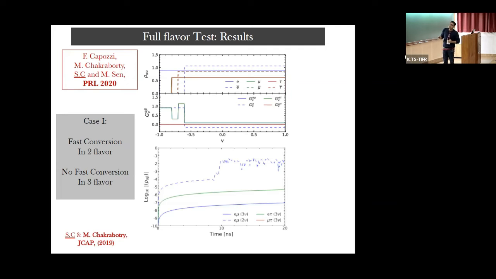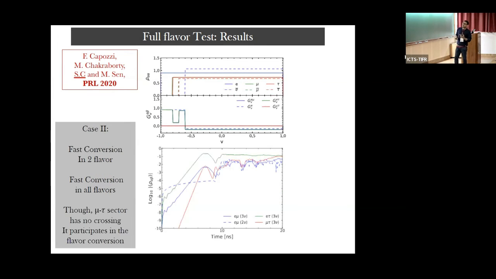You can see we are looking at the off diagonal elements growth, going in nanoseconds. But if you look into the full problem with all three flavors, the spectra is not crossing zero, and indeed there is no fast conversion. So this whole picture could actually change if you include all the flavors.